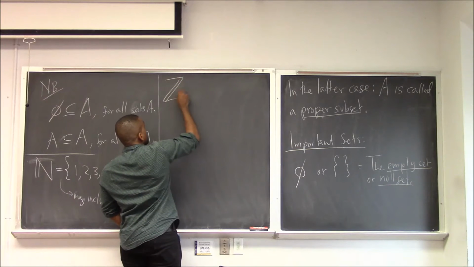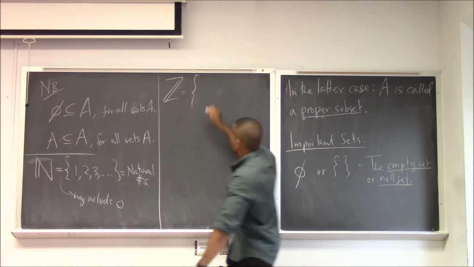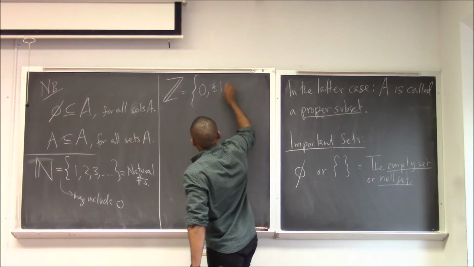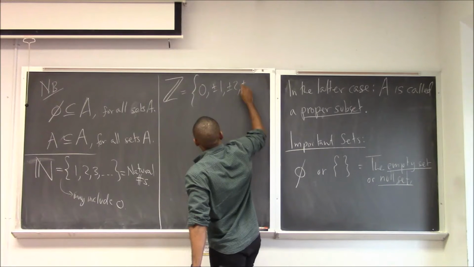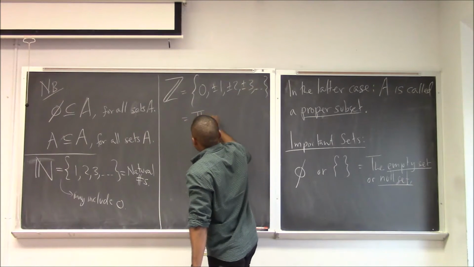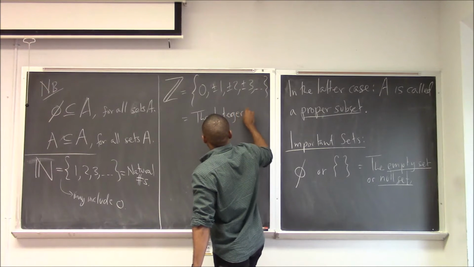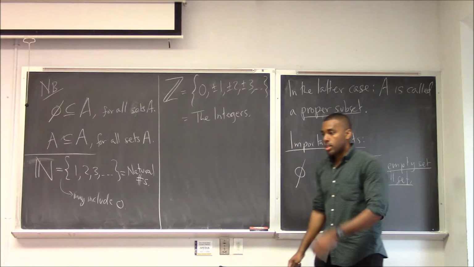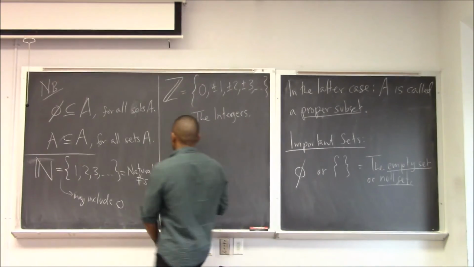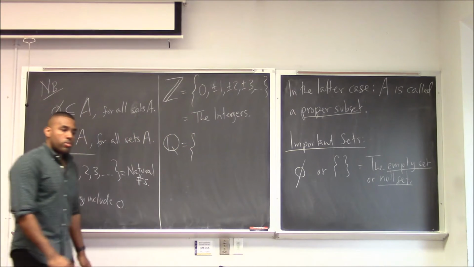If you want to include 0 and the negatives, you get this set, the set Z: 0, plus or minus 1, plus or minus 2, plus or minus 3. This is the set of integers, the collection of all whole numbers, whether they're negative, positive, or 0. There's a set Q. This is the set of rational numbers.